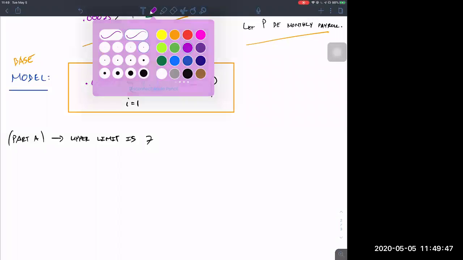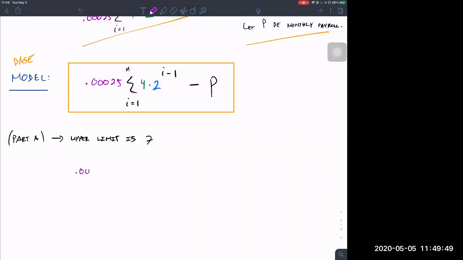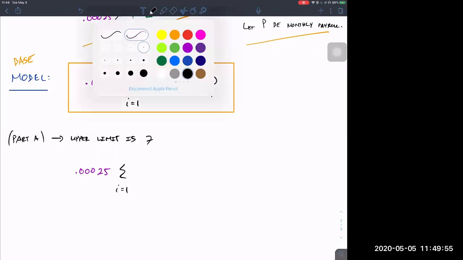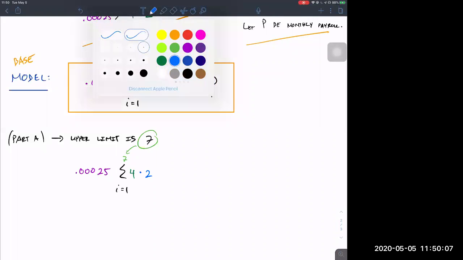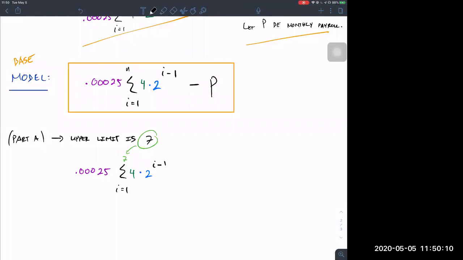So the rewrite would be 0.00025 summation i equals 1, let's use a different color here, 7 goes here, and everything else stays the same. 4 times 2 to the i minus 1, okay?